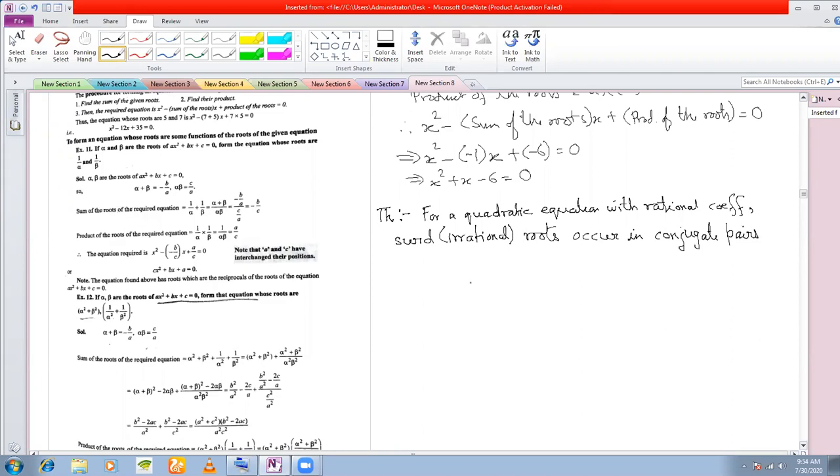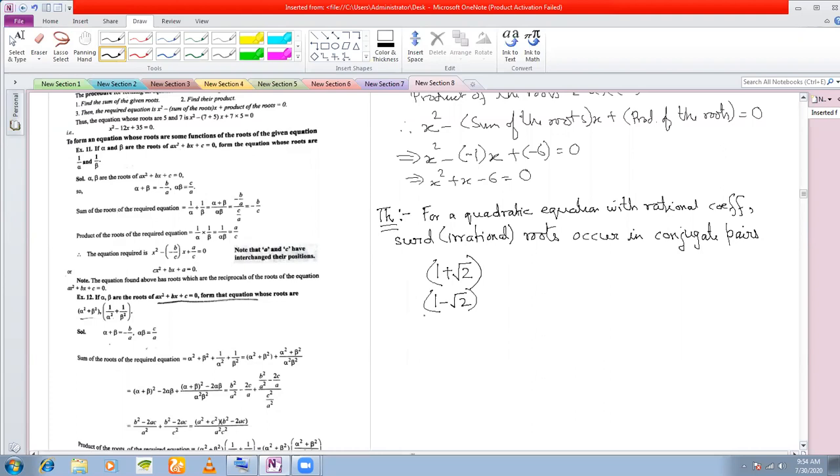So what is the meaning of this? Suppose any quadratic equation which is not given to you has a root, say 1 plus root 2. Then from this theorem, what you can say is that the other root has to be 1 minus root 2. Is it clear?